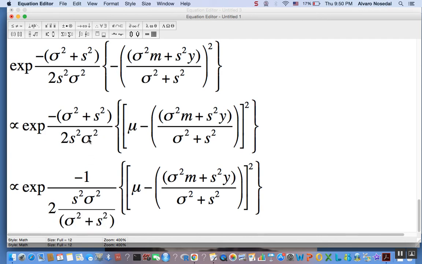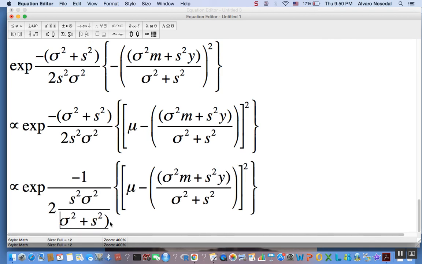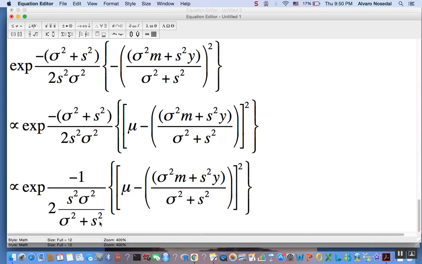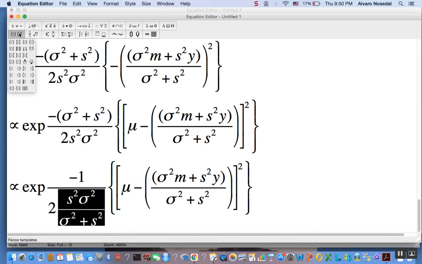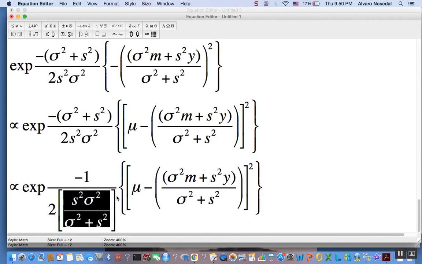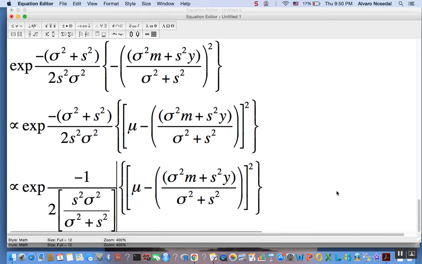How's that? These two are equivalent. If you do the algebra, you would be multiplying by this term here. So it's just a little bit of algebra with the exponent that we have for that exponential.